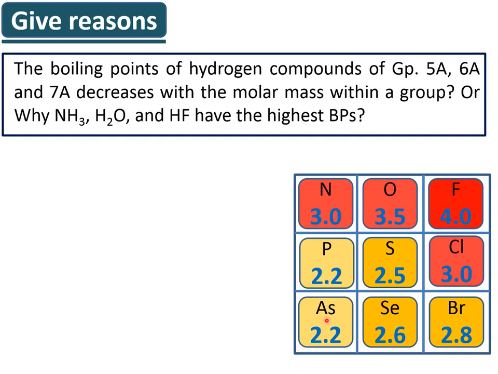You should look at the attraction forces. Because as we go down in the group, the electronegativity of atoms decreases. Therefore, the strength of hydrogen bonding decreases, so lower energy is required for vaporization. As you go down the group, what happens?